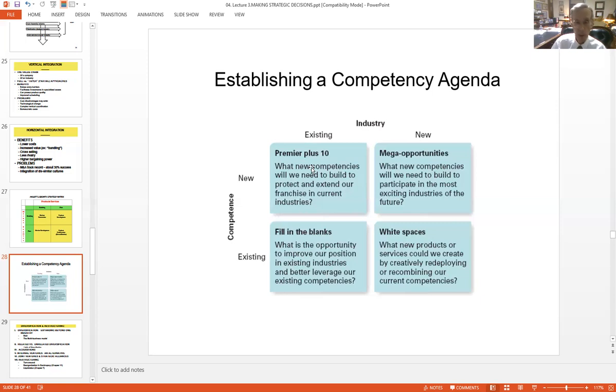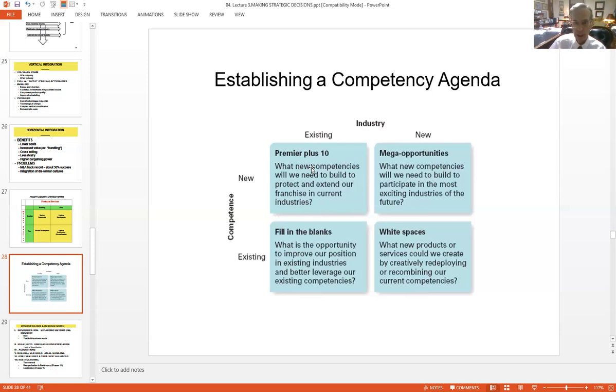Originally, Monsanto made agricultural chemicals, not seed. So mega opportunities are where you're going to develop an entirely new industry, maybe, with capabilities that you're able to develop because they're somehow related to and benefit from the capabilities that you already have.